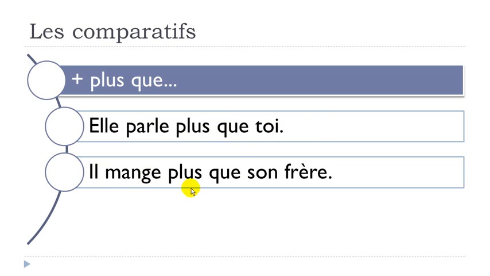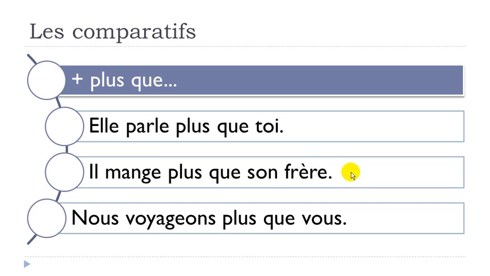Il mange plus que son frère. Nous voyageons plus que vous. Let's repeat them. Elle parle plus que toi. Il mange plus que son frère. Nous voyageons plus que vous.